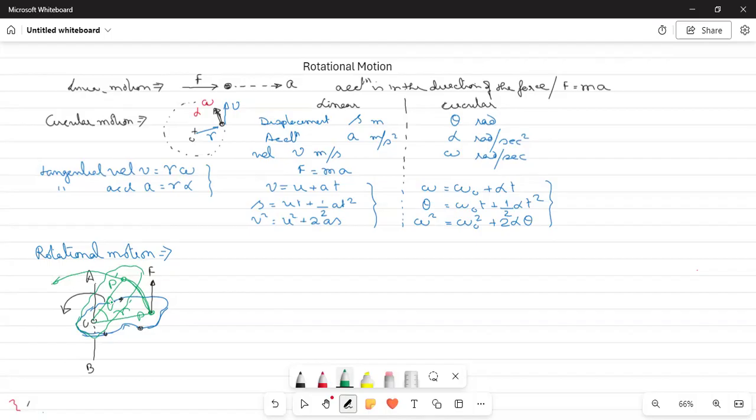Now, in the rotational motion, mind it, we have not yet seen that this force F is responsible for the rotation.